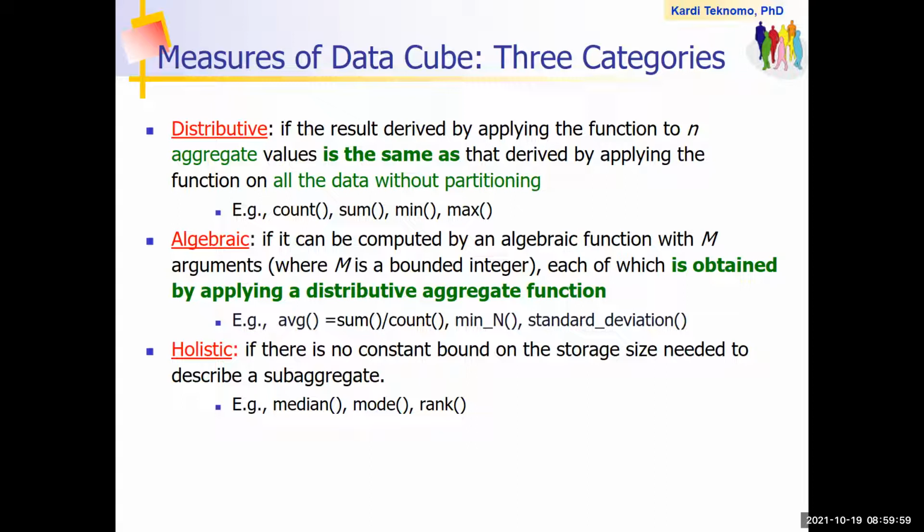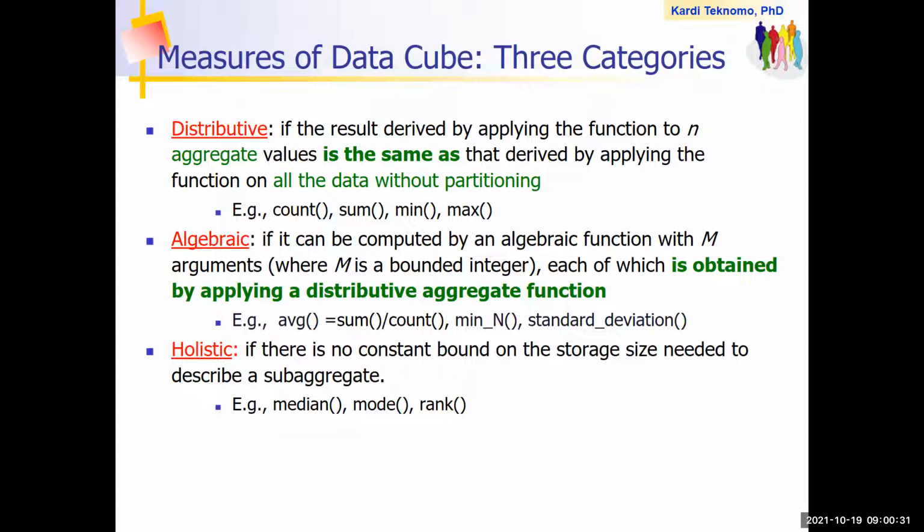Another type of measure is called algebraic. In this case, you compute a certain function with certain M arguments, where M is an integer, and each of which is obtained by applying a distributive function. For example, average. Average is sum divided by count, isn't it?